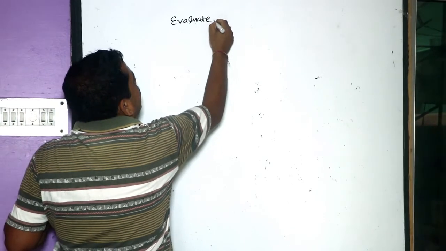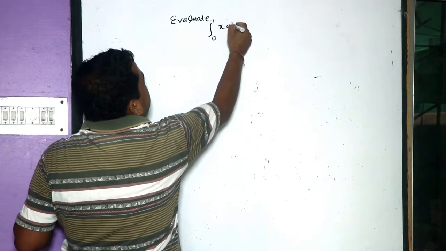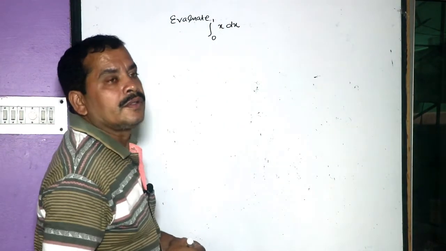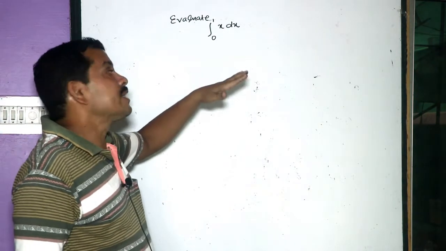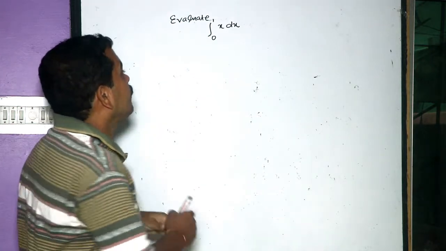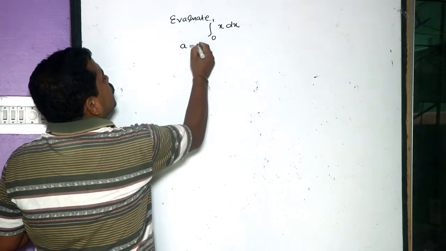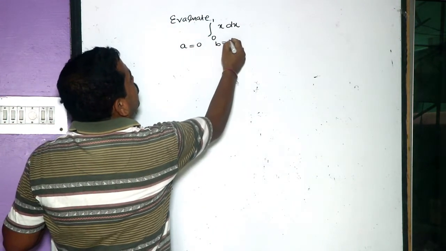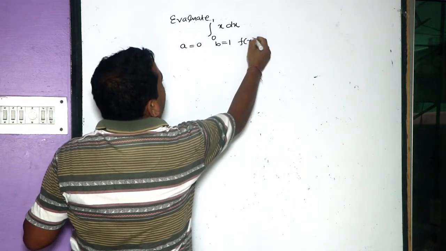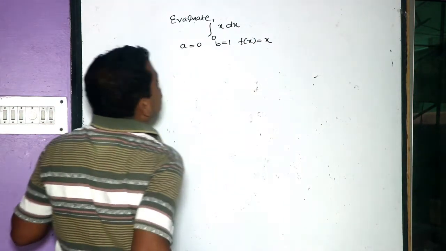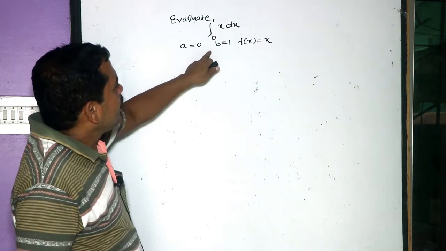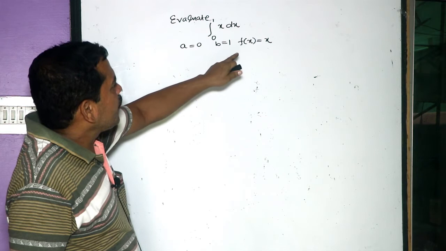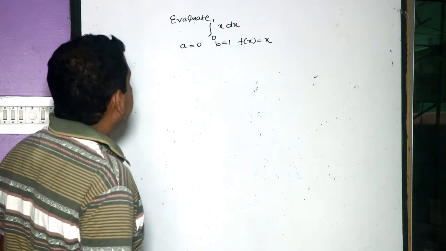Take the integral from 0 to 1 of x dx. We have to evaluate this definite integration by the definition, or by the limit as the sum. Here a equals 0, b equals 1, and f of x equals x.